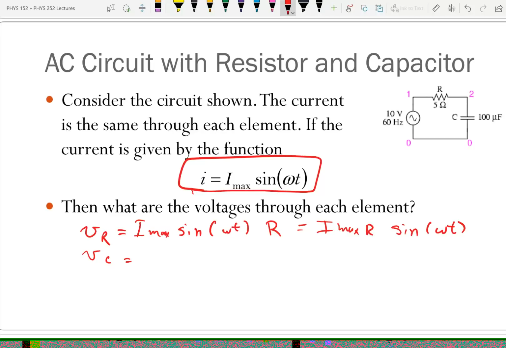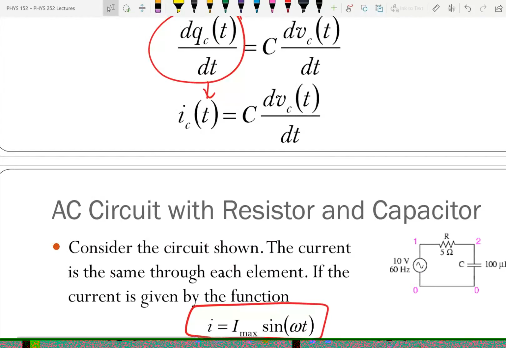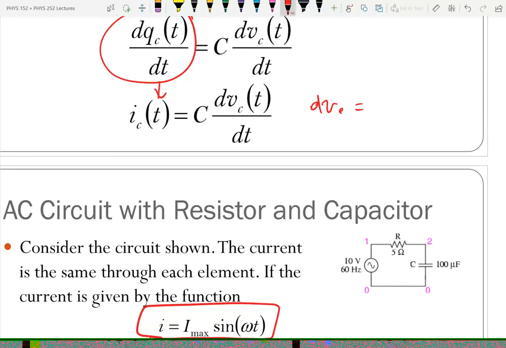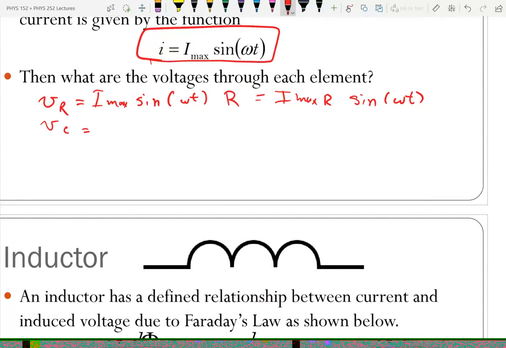Let me slide up to the previous slide. We would have dVc is equal to I over C dt. And so I'm going to have to integrate that.